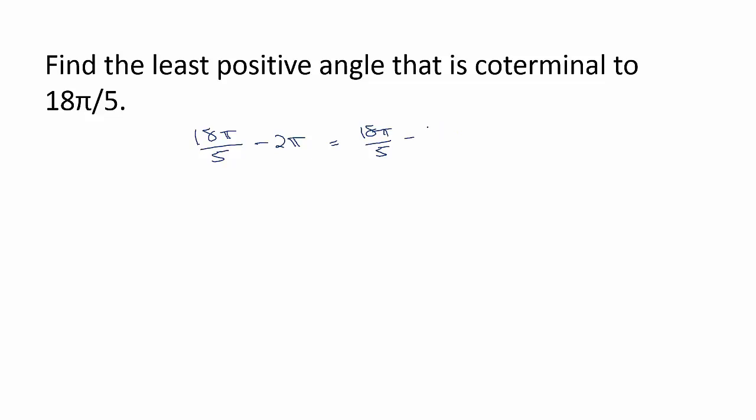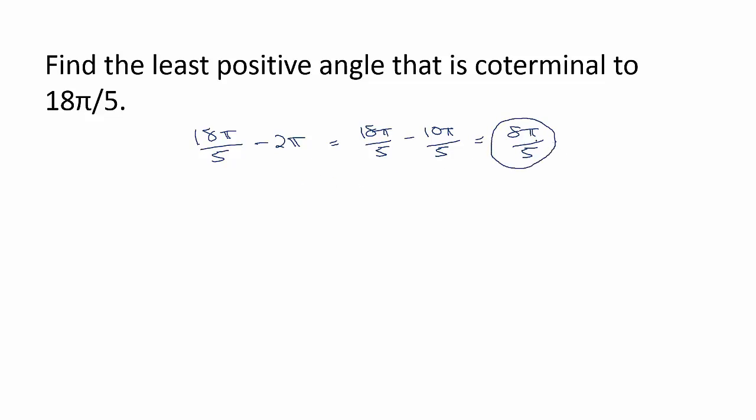So 2 pi is 10 pi fifths, and 18 pi fifths minus 10 pi fifths would be 8 pi fifths. Okay, and a full revolution is 2 pi, that's 10 pi fifths, so this one's less than a full revolution. If I was to take another full revolution away from it, it wouldn't be positive anymore. So here's the least positive angle that's coterminal to 18 pi fifths.